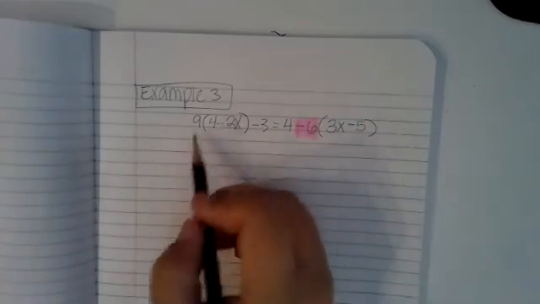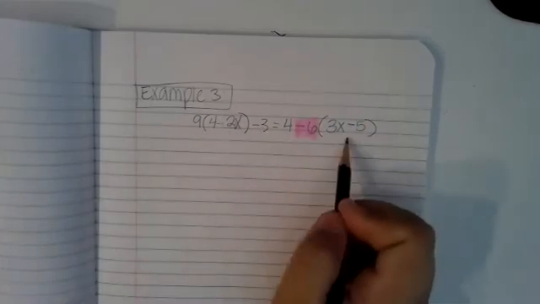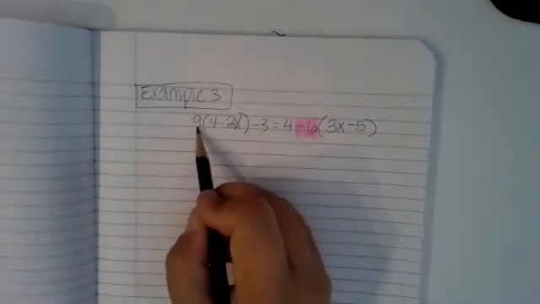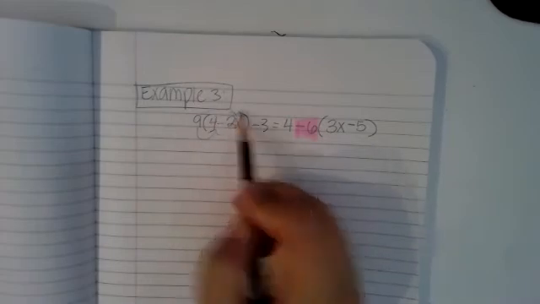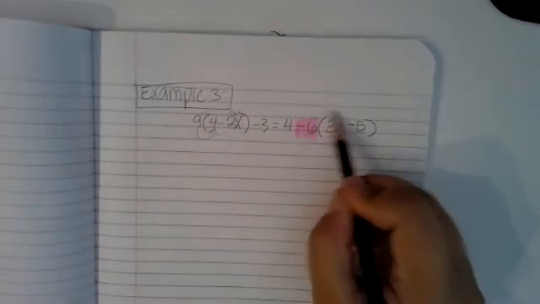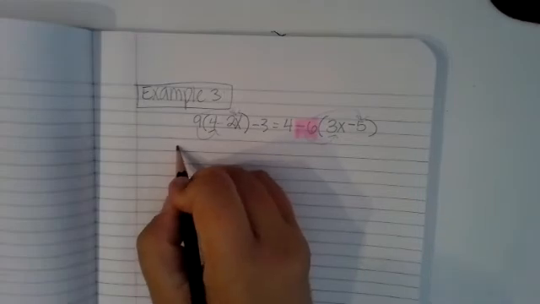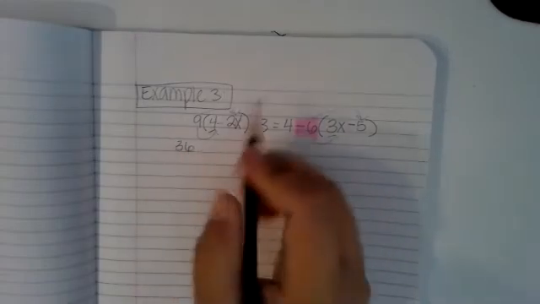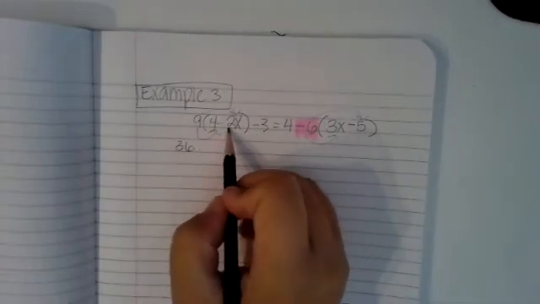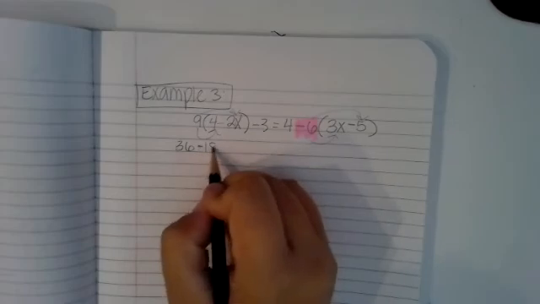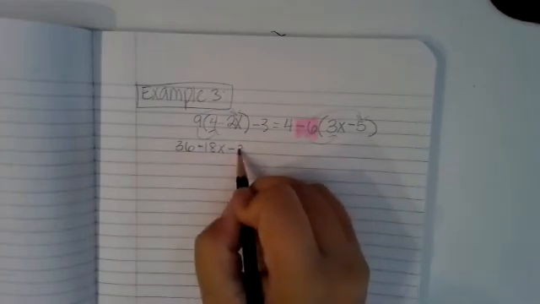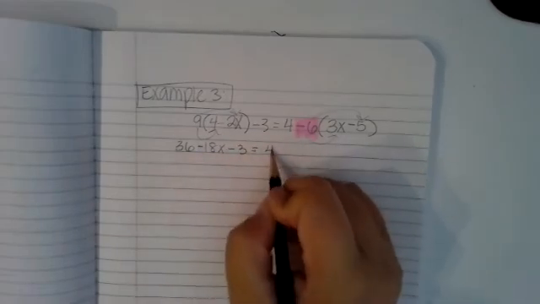We're going to come back here. I cannot simplify within my parentheses. So I know I'm going to distribute here, and then I know I'm distributing here. So you have 9 times 4, which makes 36. And then 9 times negative 2x, which makes a negative 18x. Minus 3 is equal to 4.